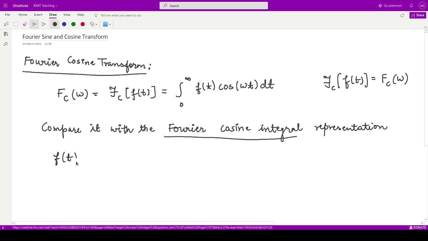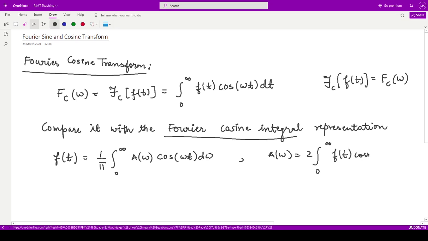So when you compare it with this, what is this? Whenever your function f of t is defined by 1 by pi integration from 0 to infinity A of omega cos omega t d omega, where A omega is defined by 2 integration from 0 to infinity f of t cos omega t dt, this is the Fourier cosine representation. Now we can compare these two.